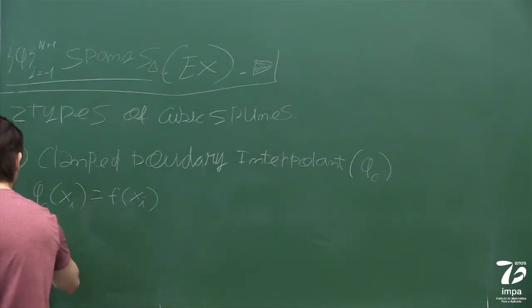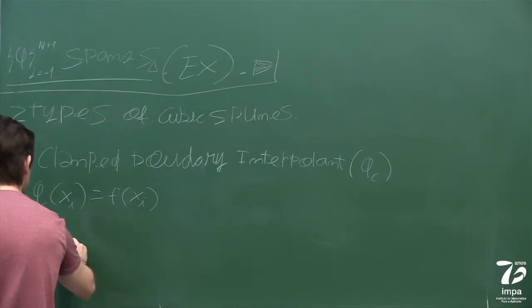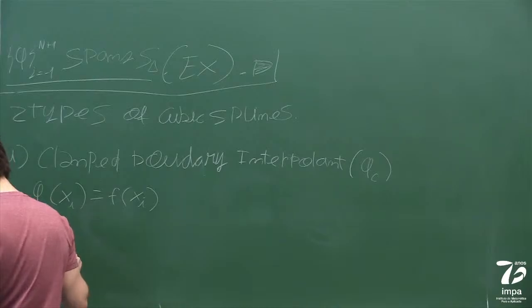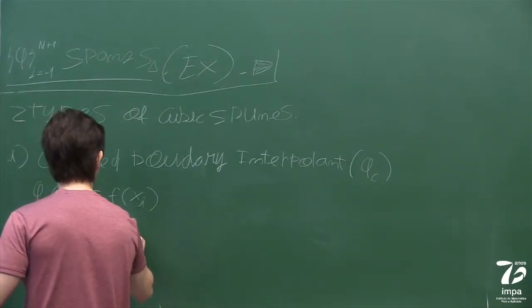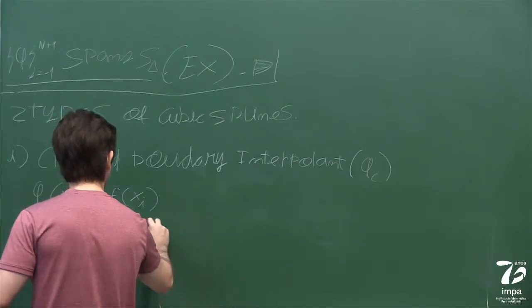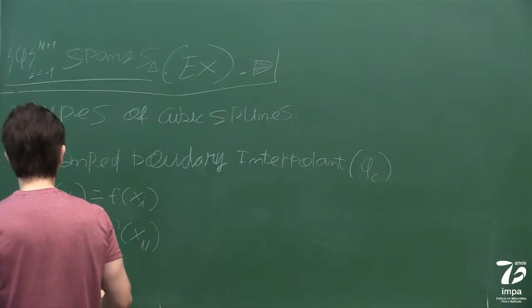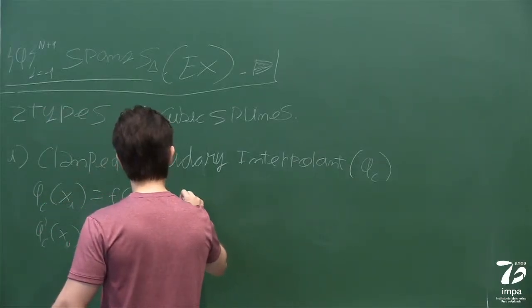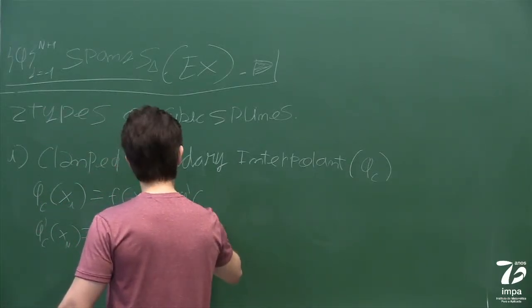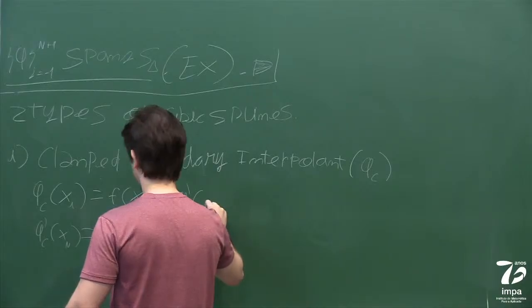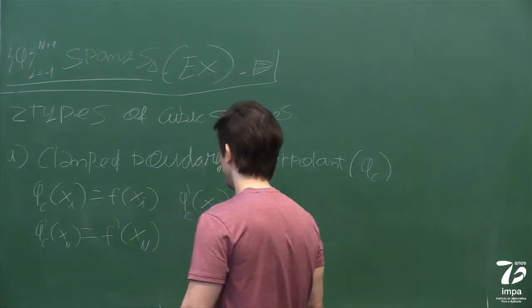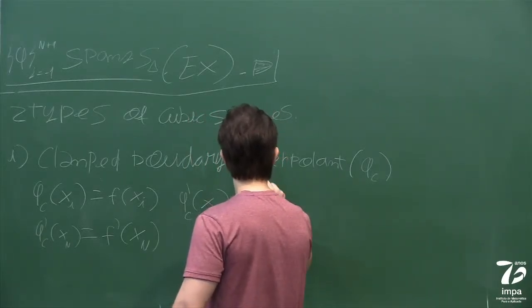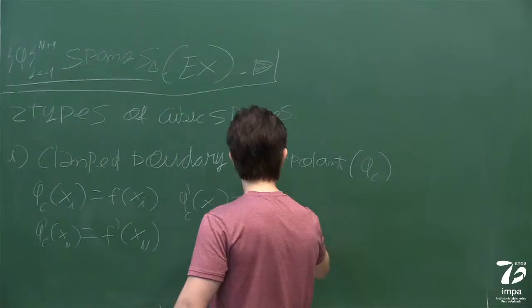And we also restrict ourselves to the derivatives at the boundary. The derivative at xn equals the derivative of f at the boundary, and the derivative at the other boundary, x0, should also be equal to the derivative of f at x0.